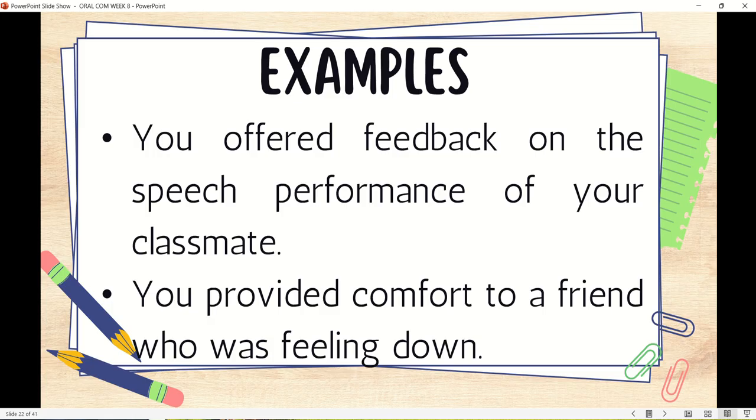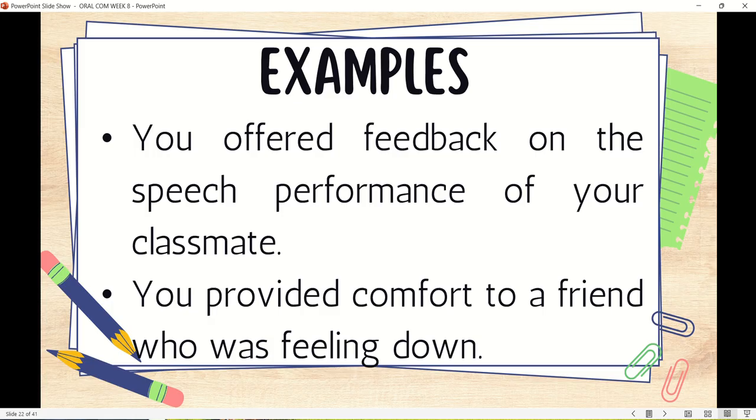For example, you offered feedback on the speech performance of your classmate. The two people involved in this example are number one, you, and number two, your classmate. Example number two, you provided comfort to a friend who was feeling down. In this situation, it only involves you and your friend.